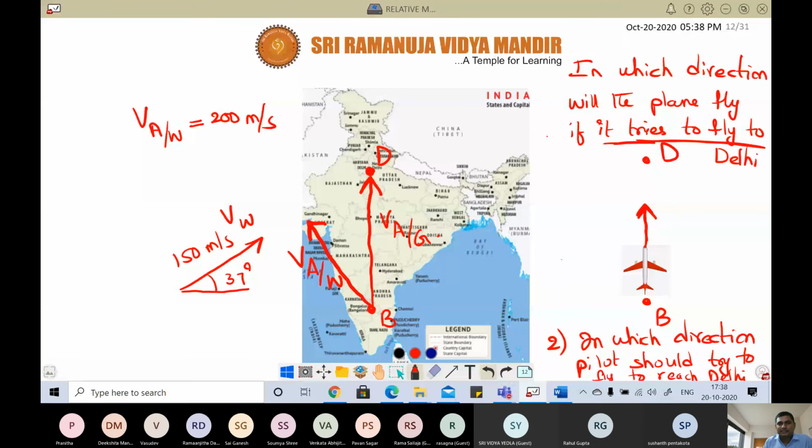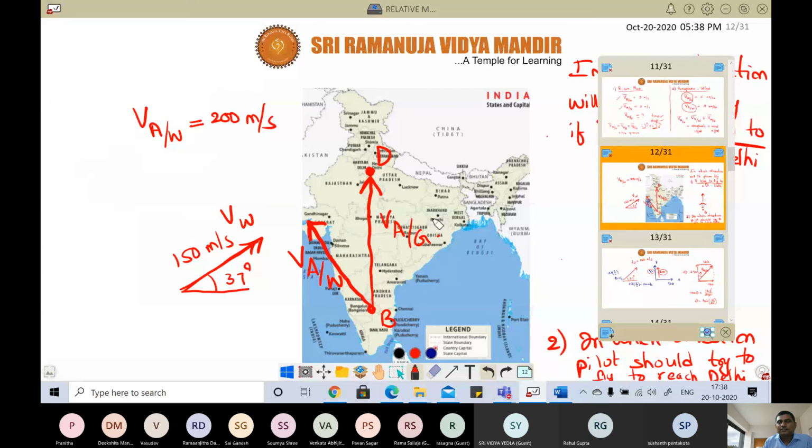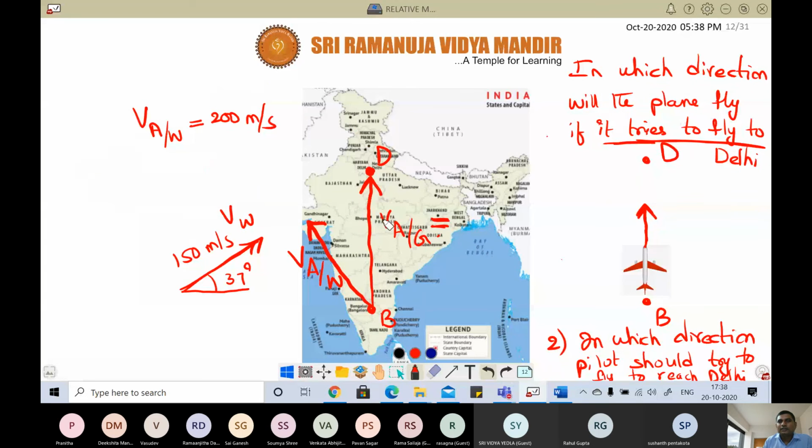Here, just understand the concept that wind is blowing with some velocity. Now see here, my final velocity, that means velocity of aeroplane with respect to ground, if I write in vector form, is what? I cap plus j cap. Correct or not? Now I have to fly finally towards Delhi, which is the j cap direction.